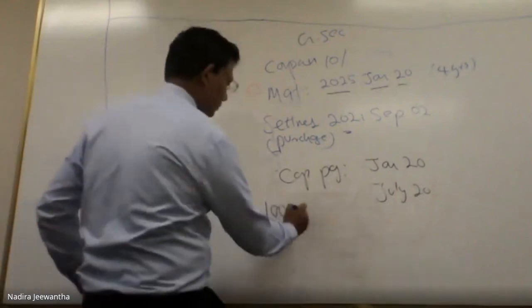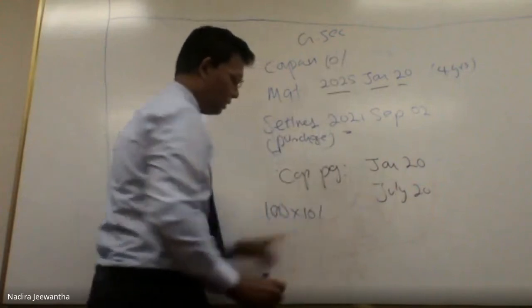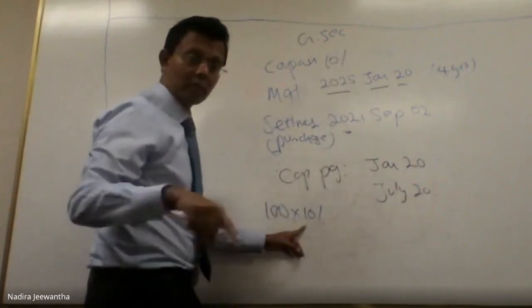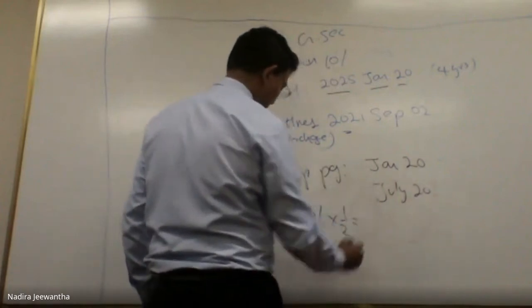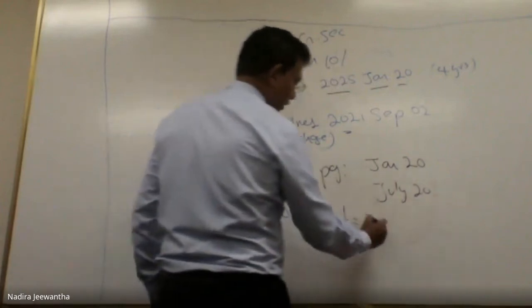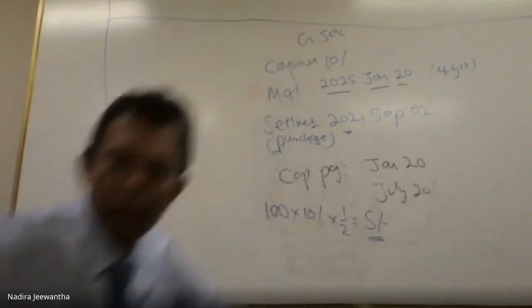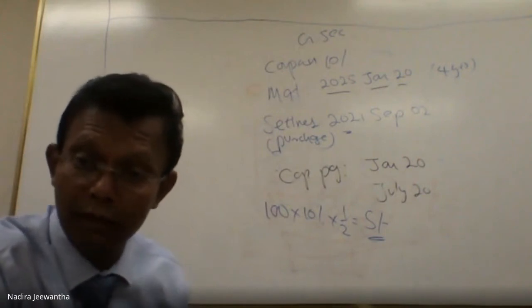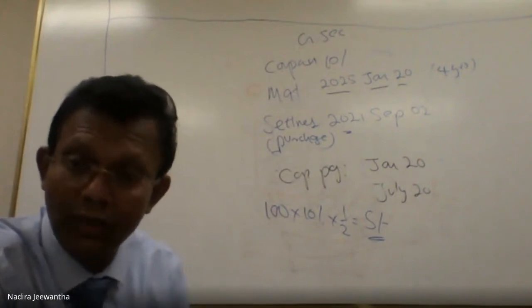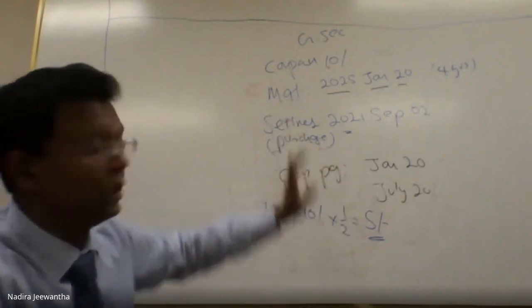100, coupon is 10%. This is annual. Semi-annual, I should get 5 rupees. I have purchased this particular bond. Now today is, assuming, 2022 January 20.